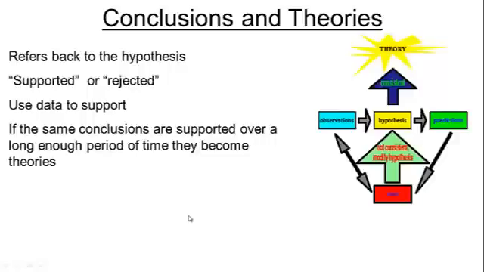You would say the data in this experiment supports the hypothesis that the amount of water given is related to the height of the plant or how the plant grows. It's always important that you refer to your data, so you're going to want to bring some mention of the numerical values or the qualitative values that you've collected. Now, one mistake that students often make is they want to say the data proves my hypothesis.